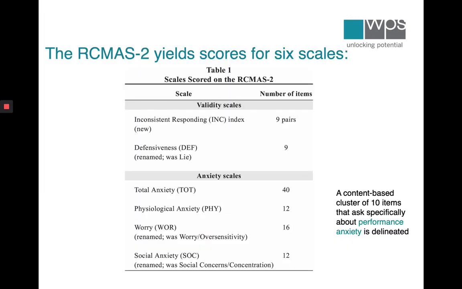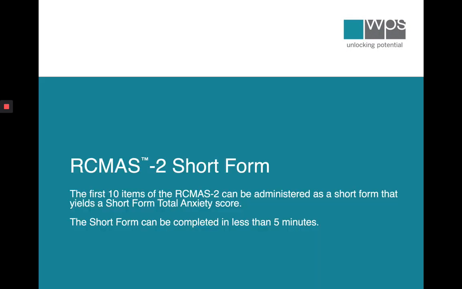With the RCMAS-2, you're going to get a total anxiety scale score. You're going to get a physiological anxiety, a worry, and a social anxiety scale as well. There's also a content-based cluster of 10 items that specifically ask about performance anxiety. The RCMAS-2 includes validity scales with inconsistent responding and defensiveness.